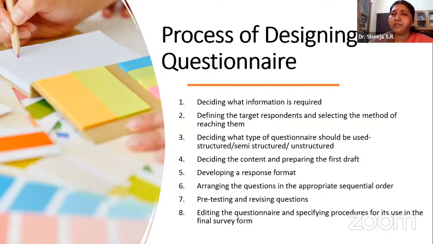Then deciding the content and preparing the first draft. See, in the case of serious inquiries, we will not be using the first draft. We have to make corrections; 2-3 steps of corrections may be required. 2-3 drafts will be prepared, and later we will finalize. Then we have to develop the response format.